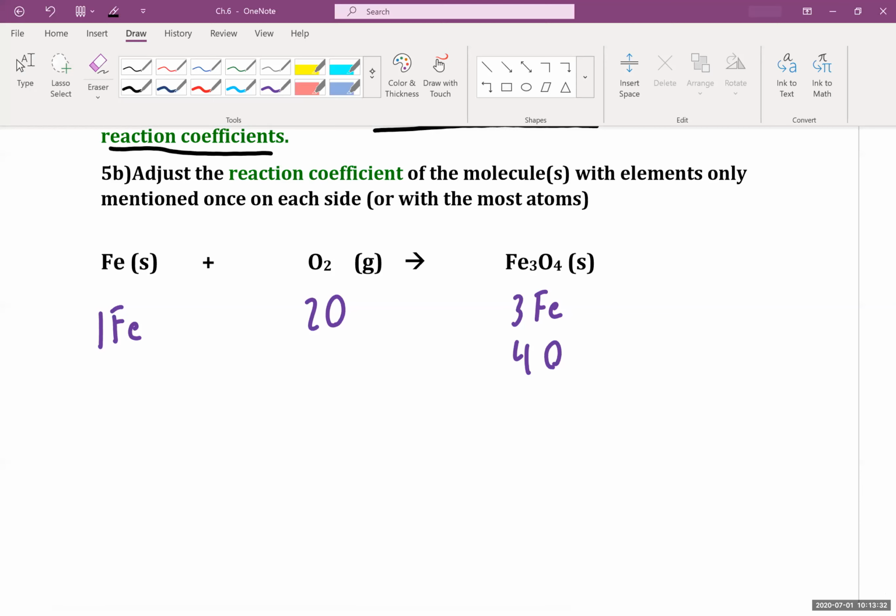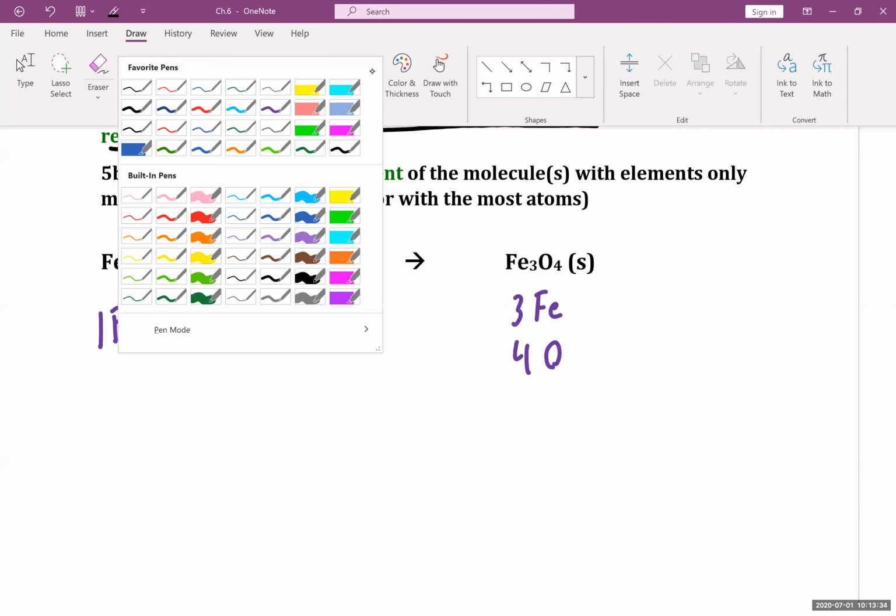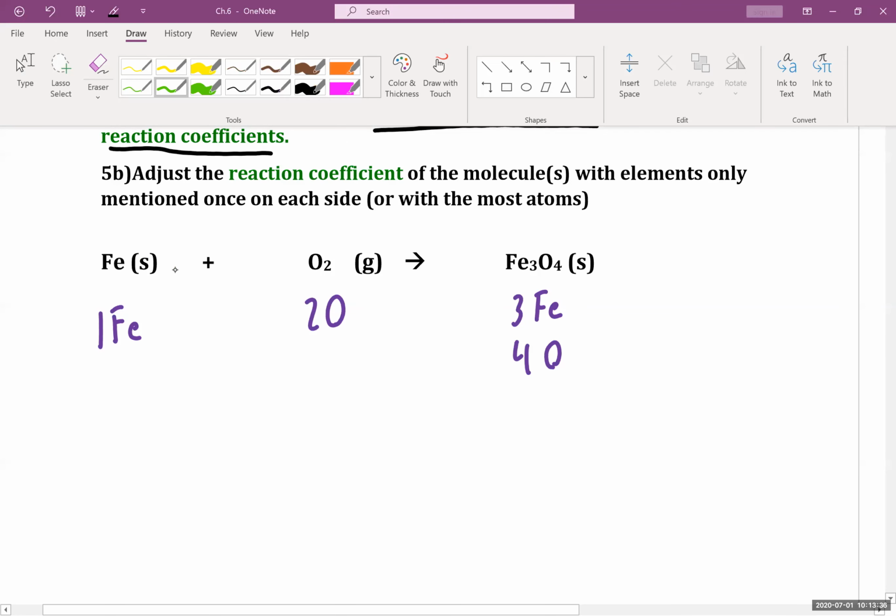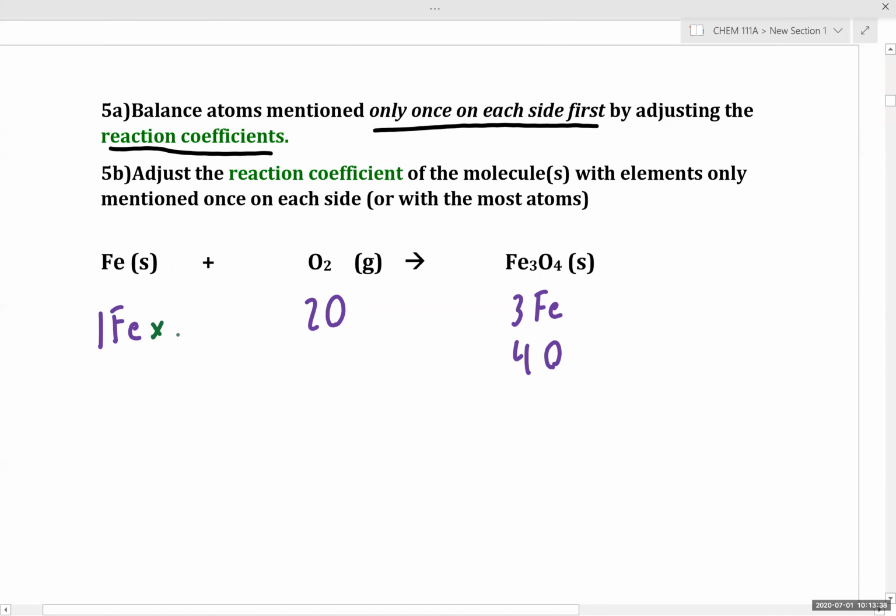So I like to play a little bit of a guessing game here. And I try to guess what reaction coefficient would give me the same number of atoms on each side. So 1 iron atom times what would give me the 3 iron atoms on the right?